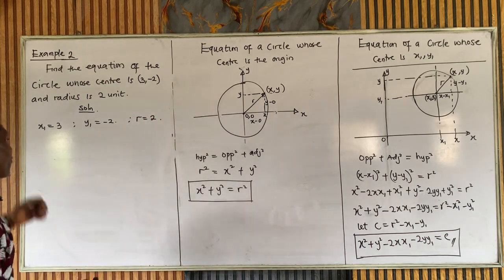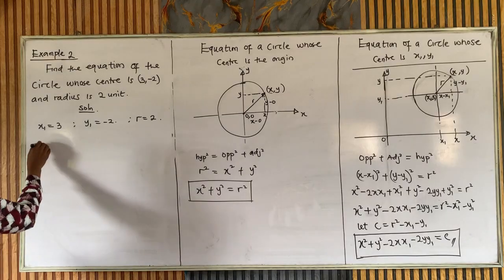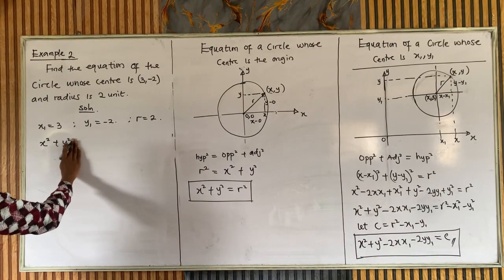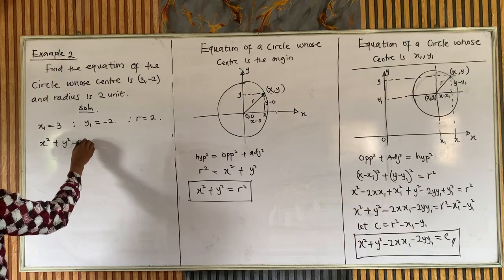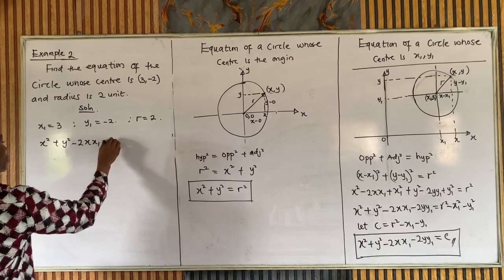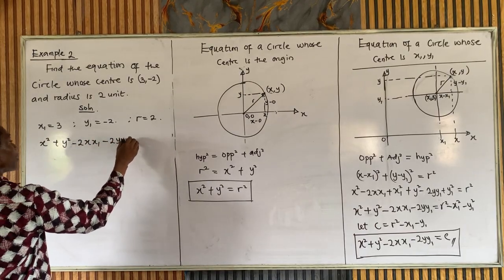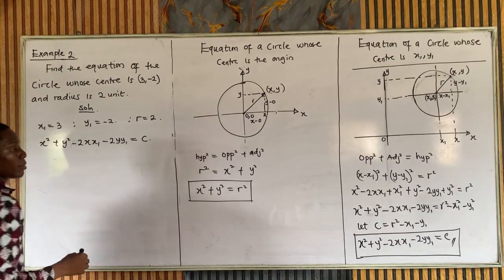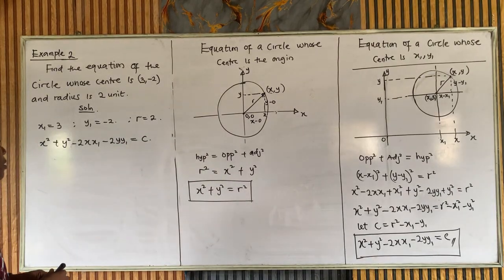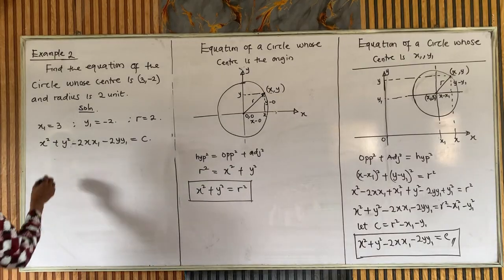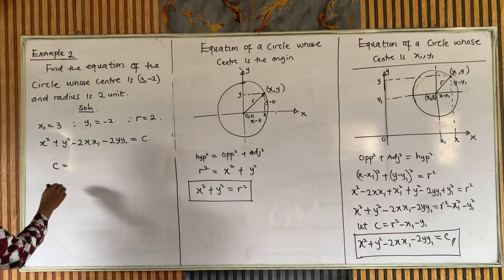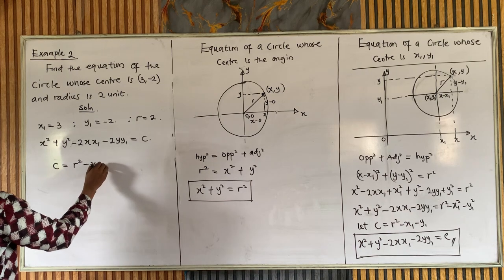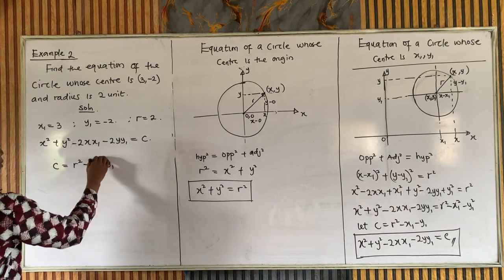And so from the equation we have it as x squared plus y squared minus 2x x1 minus 2y y1 equal to c. And so we can say our c is equal to r squared minus x1 minus y1 all squared.